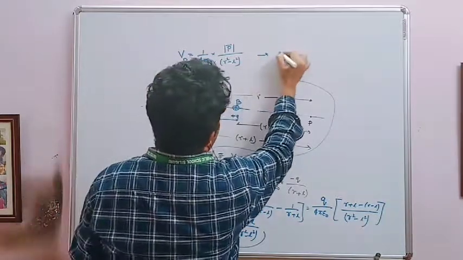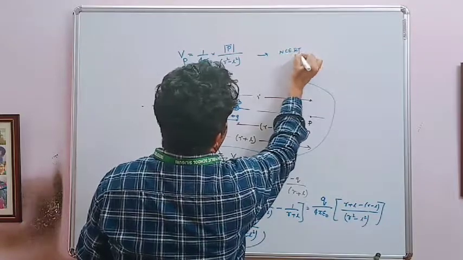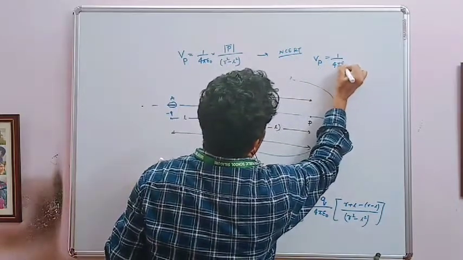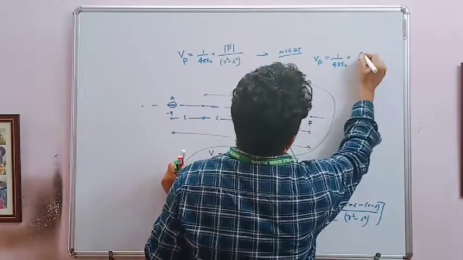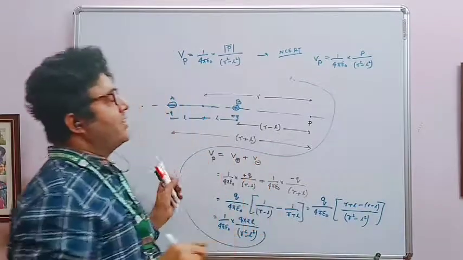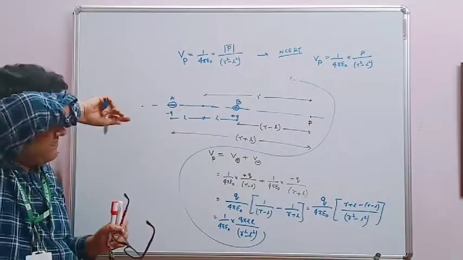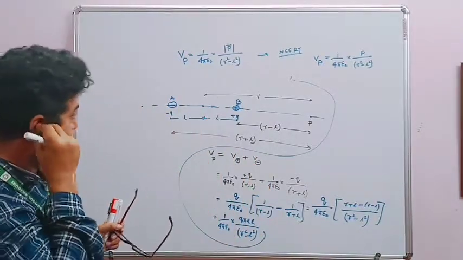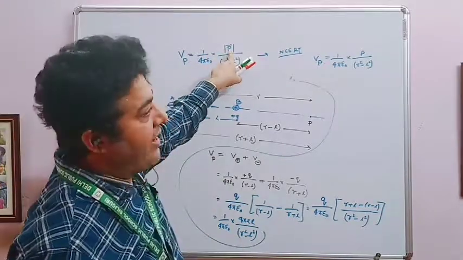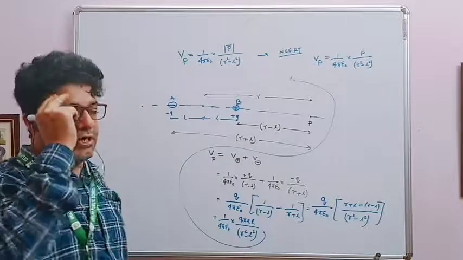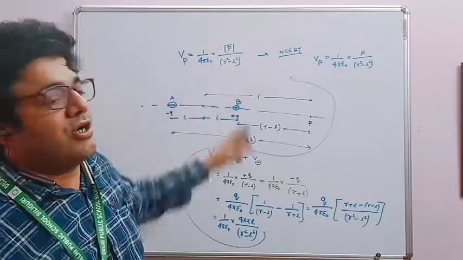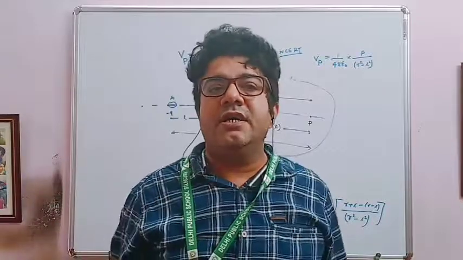And in NCERT they use it in that manner, 1 by 4 pi epsilon naught P by r square minus L square. Try to understand the difference. Here we use P as a vector and put a mod, meaning it is a magnitude, because electric potential is a scalar quantity.